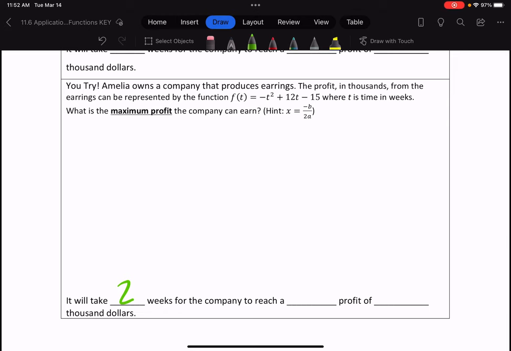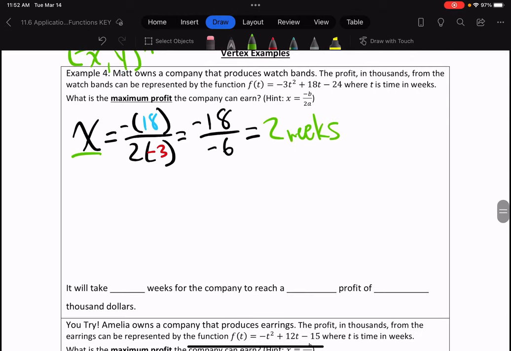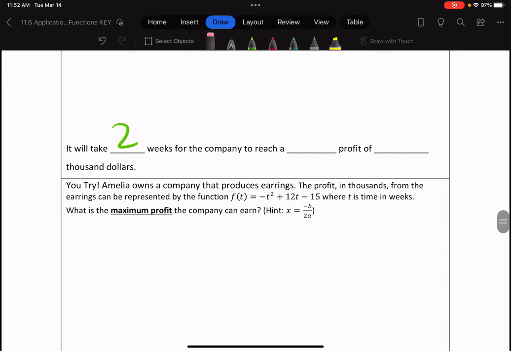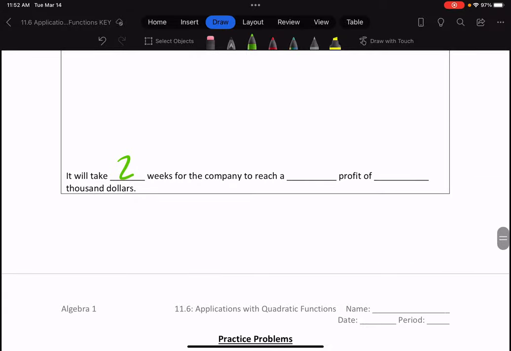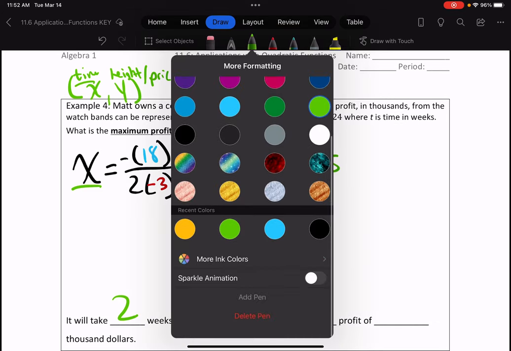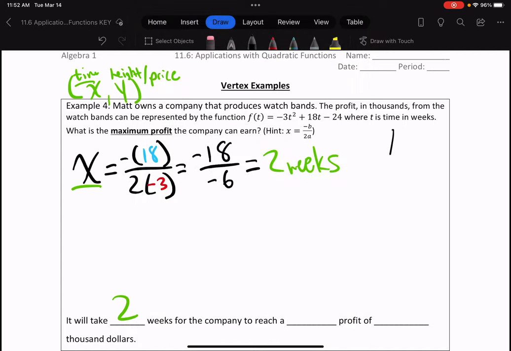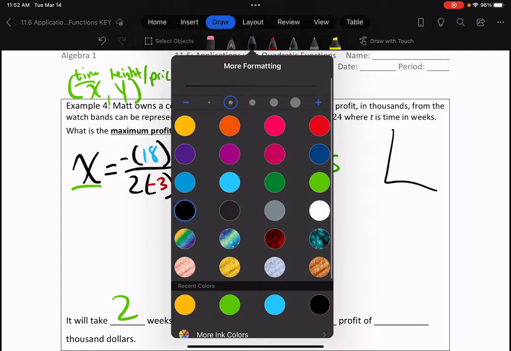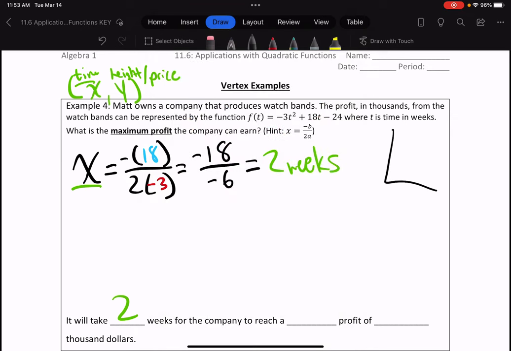And now, guys, look, we're dealing with a negative initial value, which means that I'm going to have an inverted parabola. So I know that when I'm looking at this profit model, I'm going to have something that looks like this.